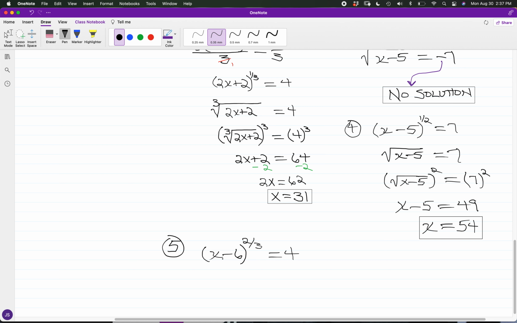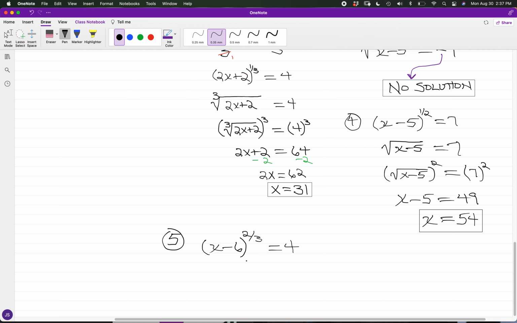If I take what I have here and translate in terms of a radical, the type of root we have is given by the denominator. So you have the cubic root of x minus 6 to the 2nd is equal to 4.